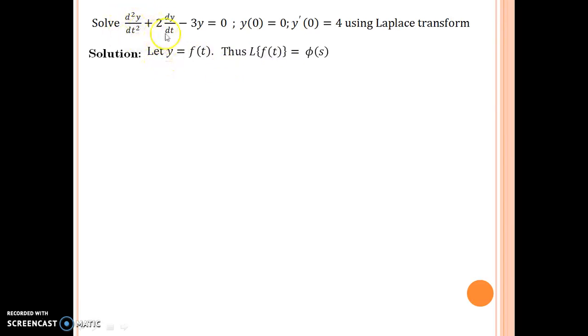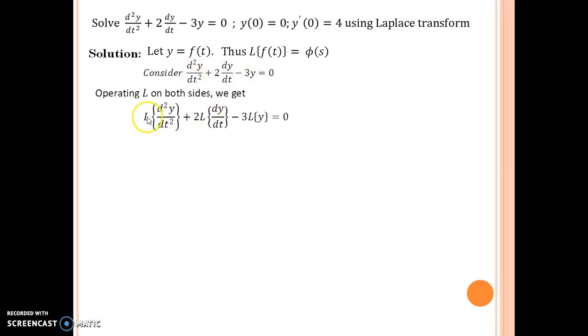Consider the differential equation d square y by dt square plus 2 dy by dt minus 3y equals 0. You operate the Laplace operator on both sides. Remember that the Laplace operator is a linear operator, so the constants would come out.